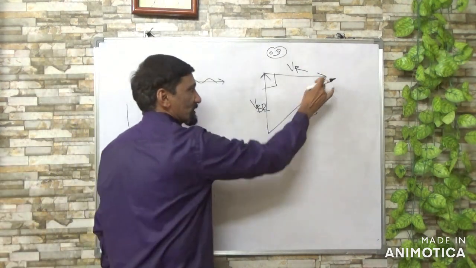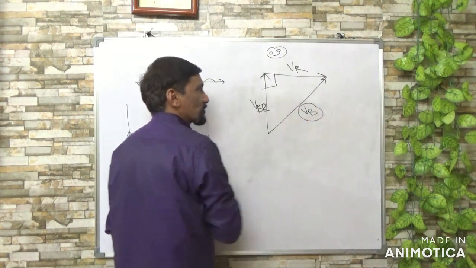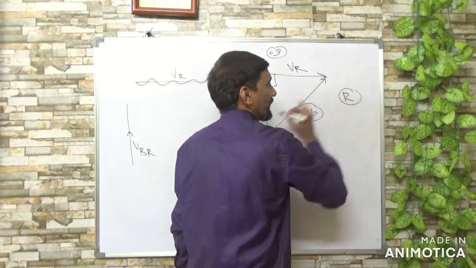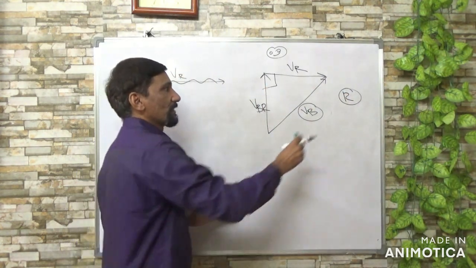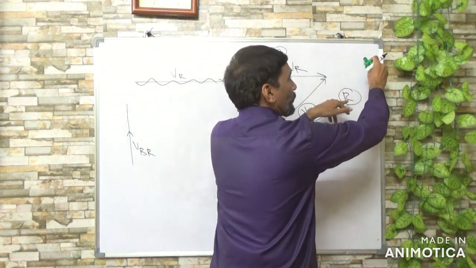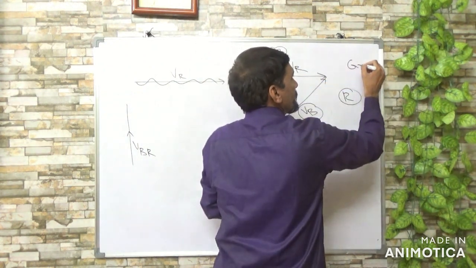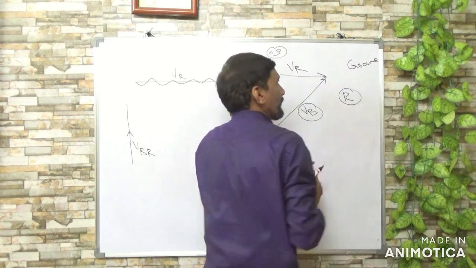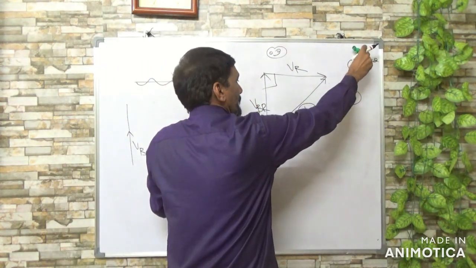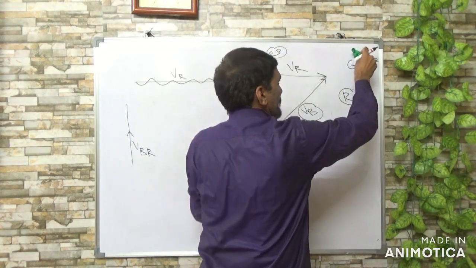So the closing side taken in reverse order will give us the resultant. So this is the direction of the boatman with respect to ground.